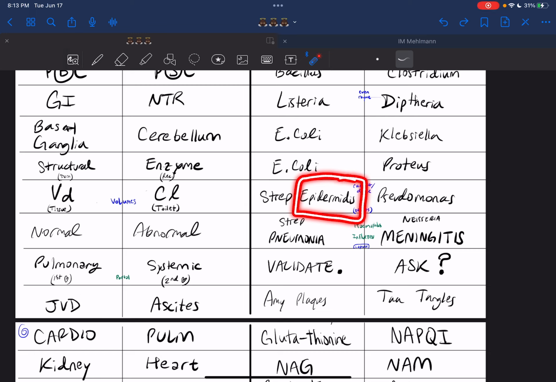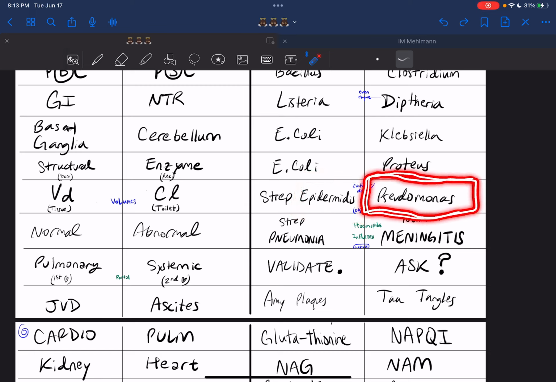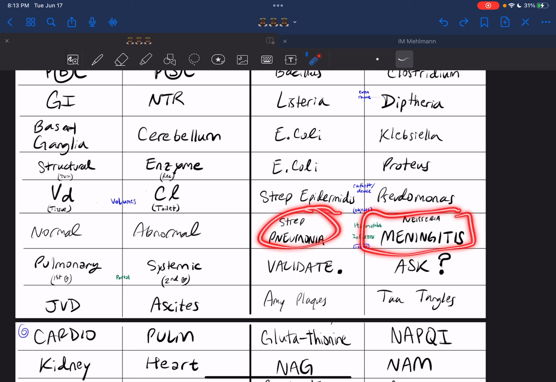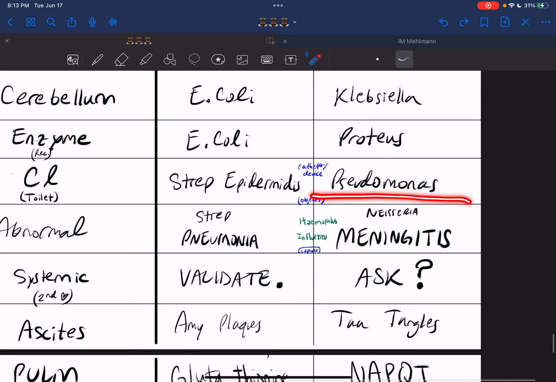Catheters are going to be epidermidis, then all the other hospital devices that are not catheters are going to be Pseudomonas. Strep pneumonia versus Neisseria meningitis are my two big guys for meningitis, with Haemophilus influenza as the third one. So they form that triangle.